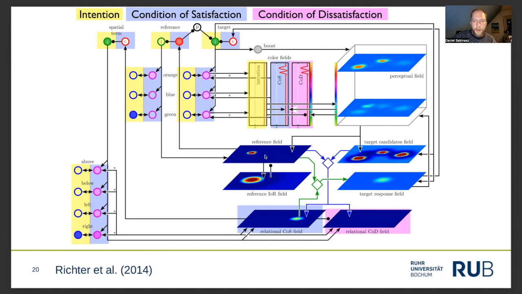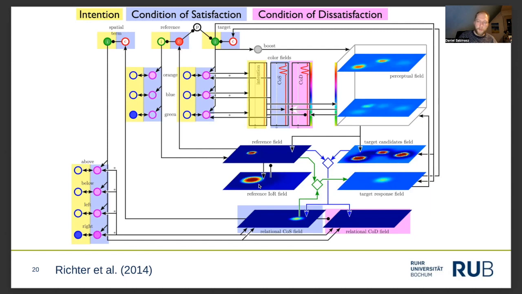And so the search for a new reference object would start. In order to prevent the same reference object from being selected more than once, there is an inhibition of return field, which receives input from the reference field and is self-sustained. It also inhibits the reference field, preventing it from selecting the same object again. So in the second round, another reference object would be selected, and so on.